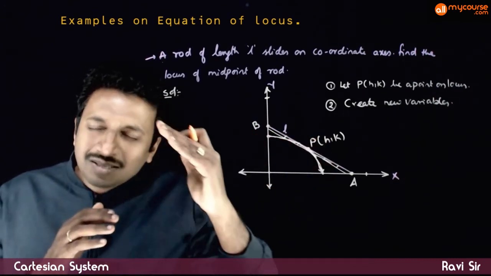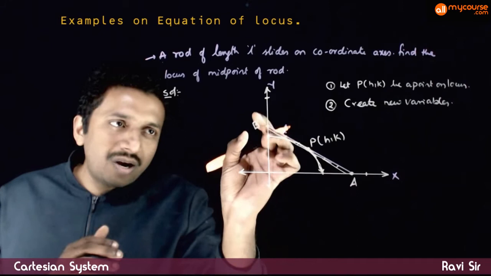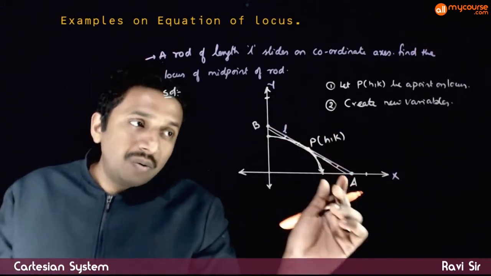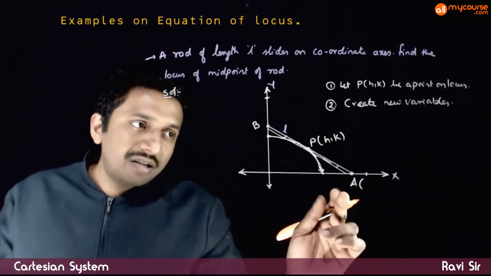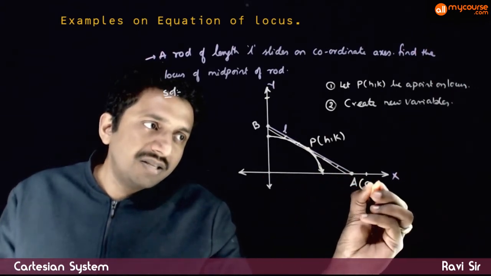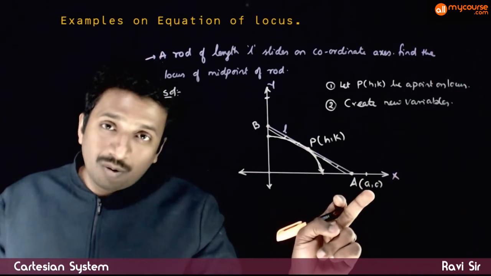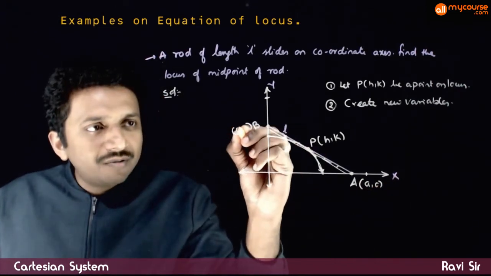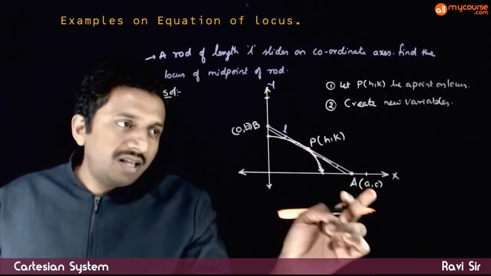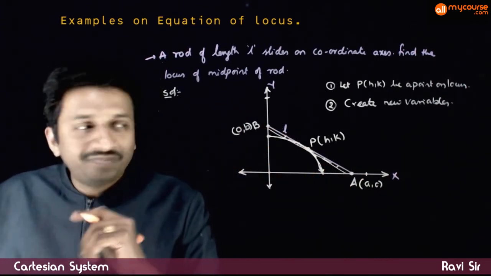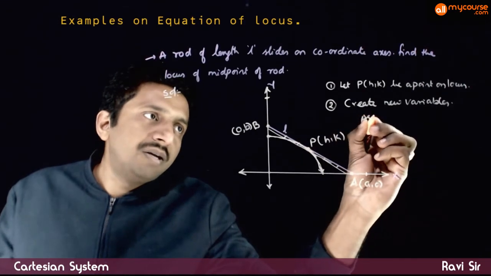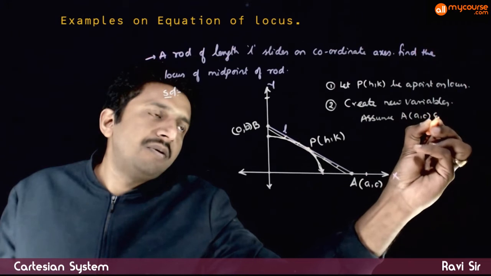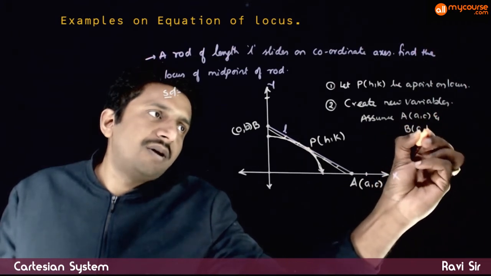As the rod is sliding along the coordinate axis, this point and this point obviously change, right? So let us say that the coordinates of A are (a, 0). I don't know what a is, but I know that the y coordinate is 0. And let us assume that the coordinates of B are (0, b). a and b are the new variables. So assume A as (a, 0) and B as (0, b).